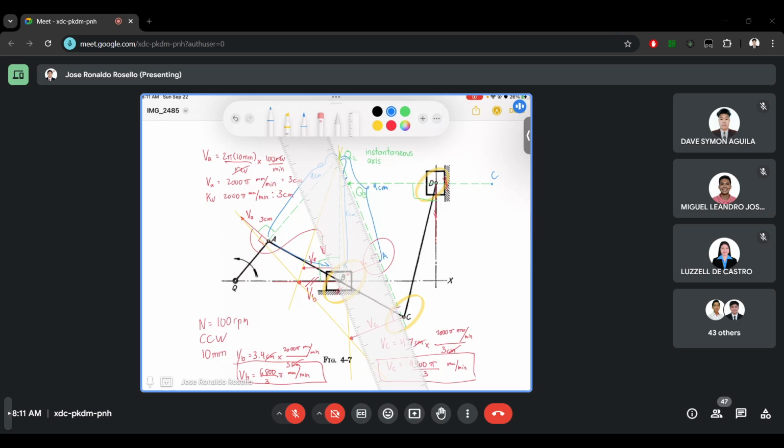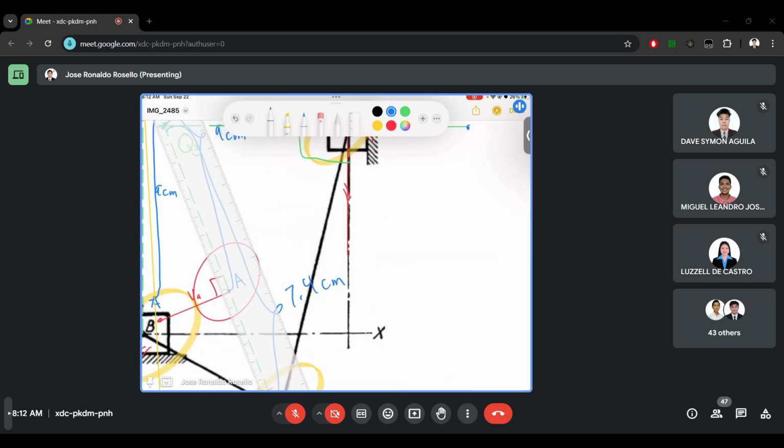So Q3 and C, I measured 1, 2, 3, 4, 5, 6, 7.4 centimeter. So let's just put here 7.4. Then I made another 7.4 here. Then we will draw the vector of velocity c.